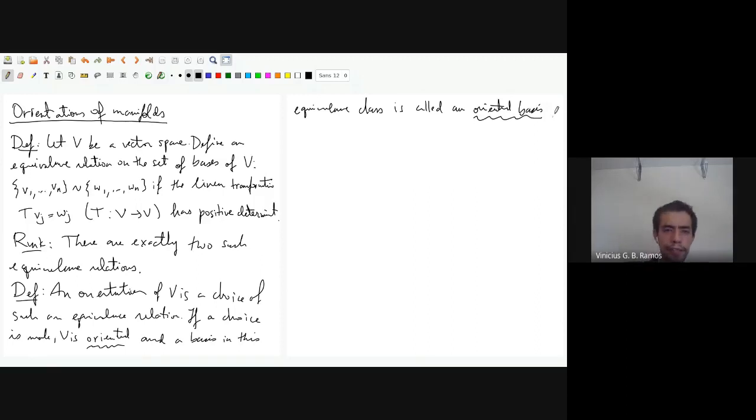So a choice of orientation of a vector space, another way to say it, is basically you throw away half of the bases and you keep the other half.